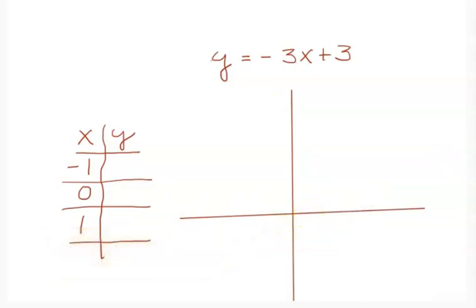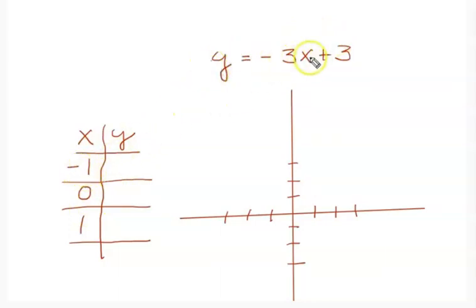What we do is we put our axes in and then try to space some points equidistant. And we want to plot points that are near the origin. So I've chosen a -1, a 0, and a 1. So now we're going to substitute these values for the x and then see what comes out as a y.